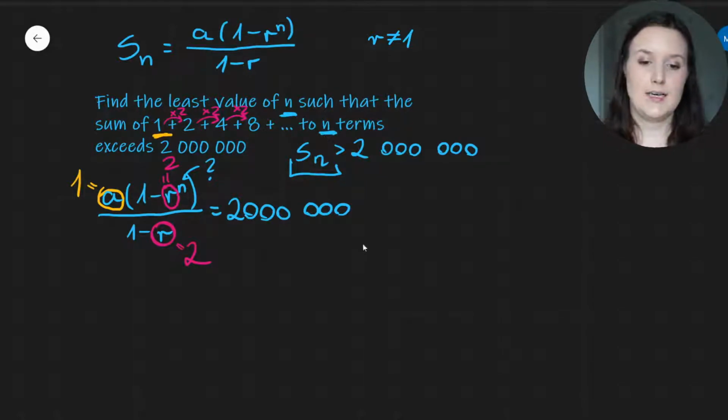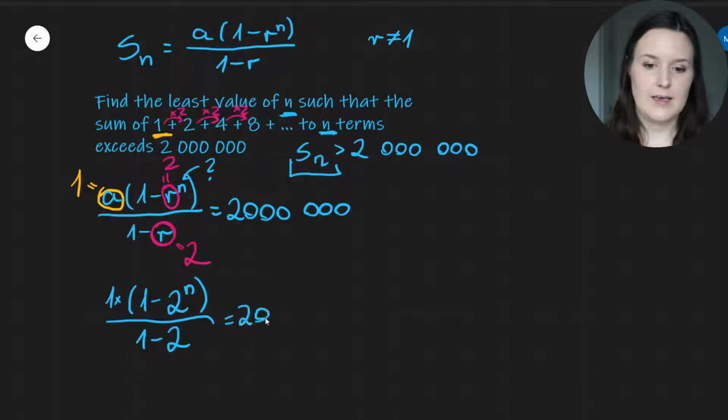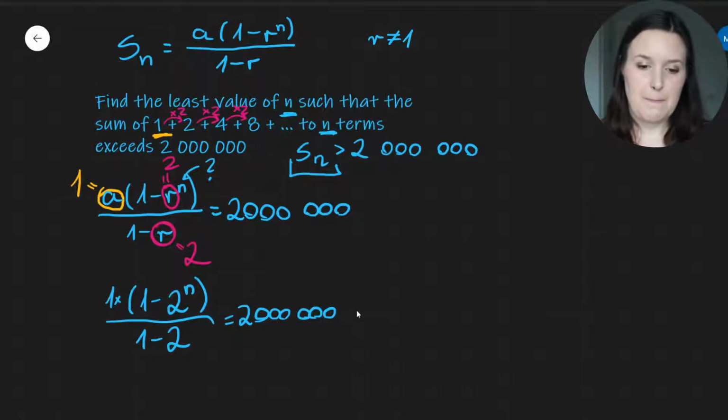So let's simplify this. A is 1, so it's 1 times 1 minus 2 to the power of n over 1 minus 2. Let's see what else I have here. Maybe I don't have to write this times 1, so I will just multiply everything by minus 1.